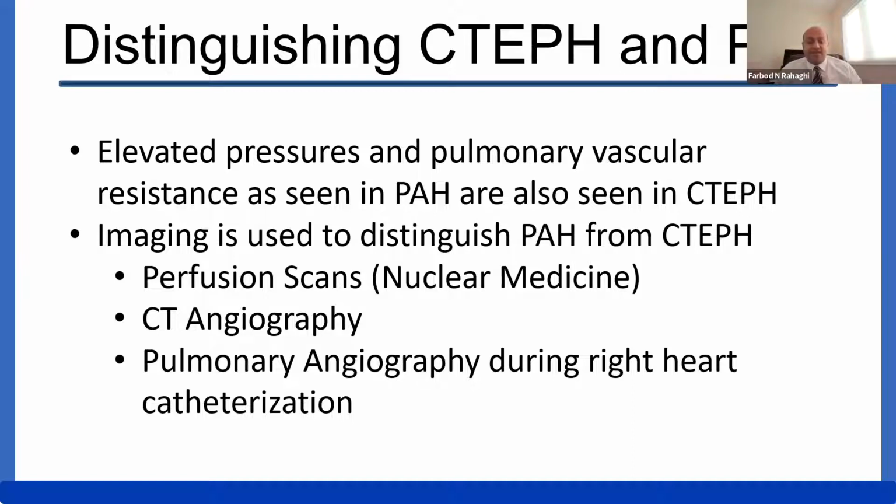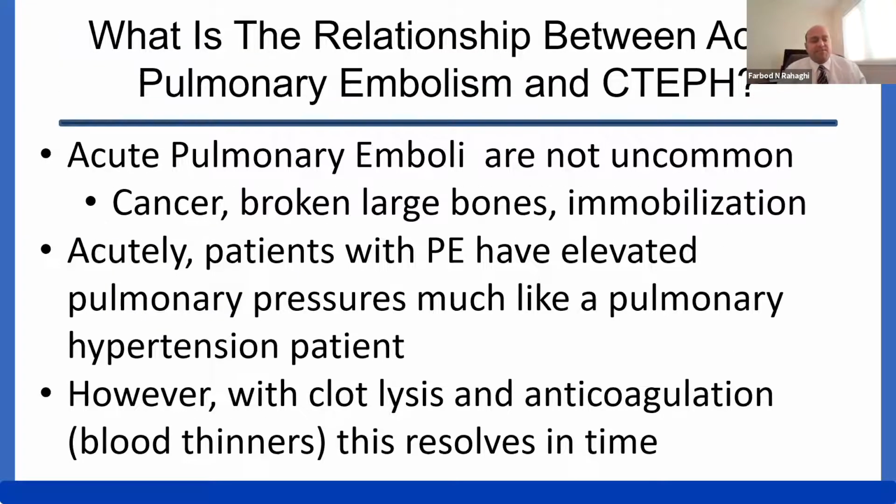And that contrast then is used to look for clot, as we'll see. And then there's pulmonary angiography that's done during right heart catheterization, where the physician, while they have you on the table for your right heart cath, actually injects dye and looks for flow in the pulmonary arteries and finds clot. And we'll see examples of this in this talk.